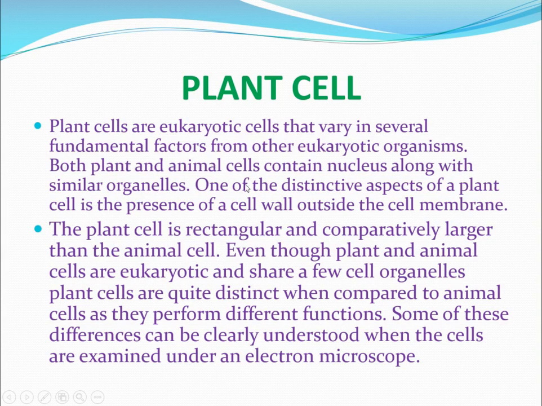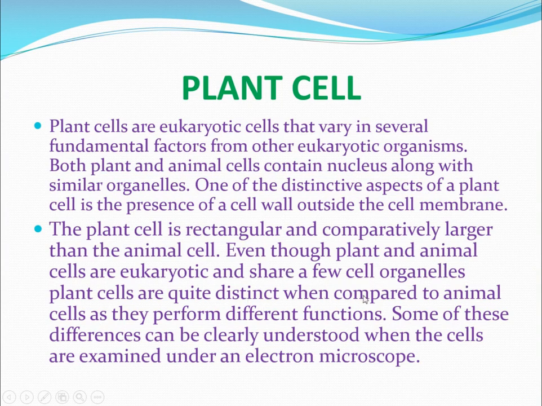But one of the distinctive aspects of the plant cell is the presence of a cell wall outside the cell membrane. Plants need more protection, so they have another rigid cell wall outside the cell membrane as well. The plant cell is rectangular in structure and comparatively larger than the animal cell in size. Even though plant and animal cells are eukaryotic and share a few cell organelles.